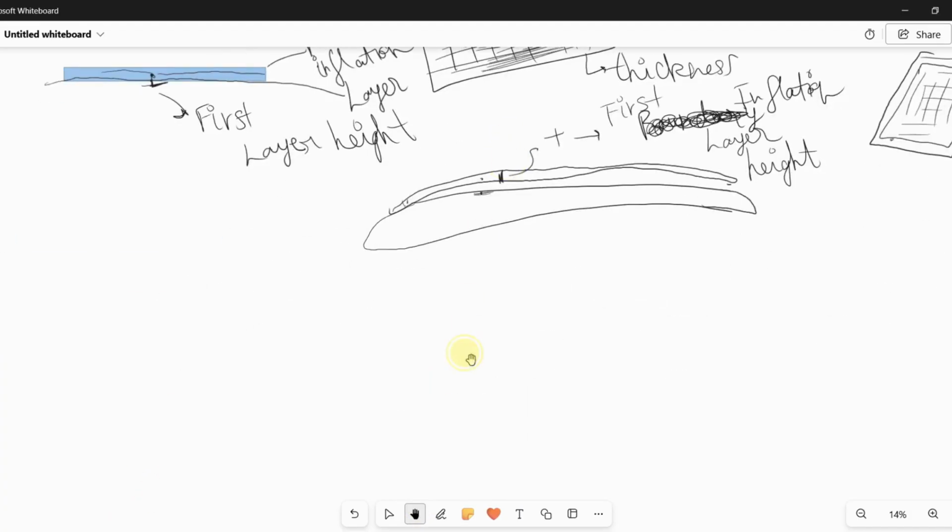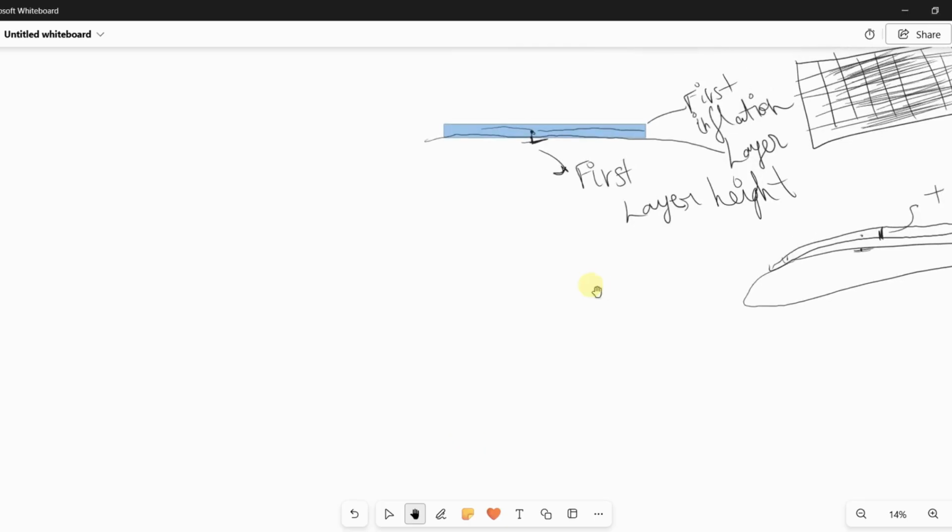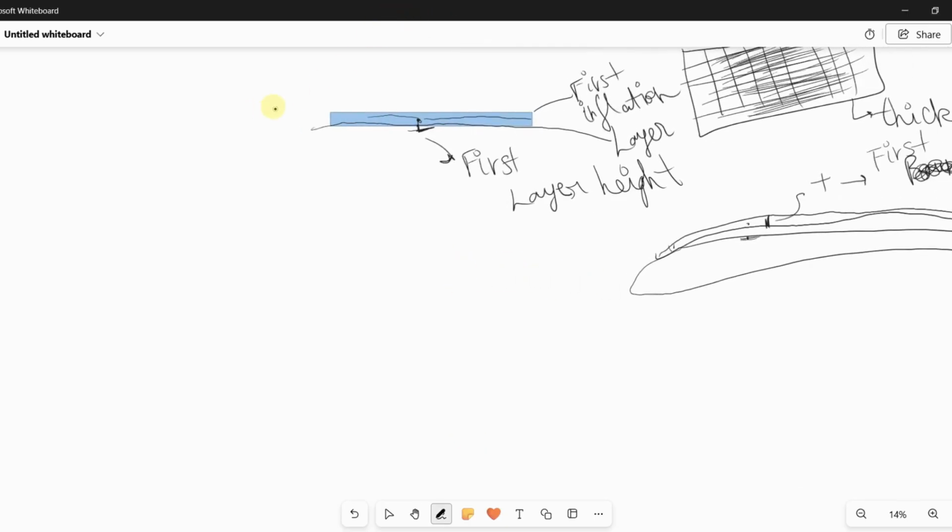And then the next term is your growth rate. Here suppose I have a thickness T, right? Then the next layer is not necessarily the same thickness T. It might have 1.2 T, that is 1.2 times the thickness of the first layer. And similarly, this keeps increasing.